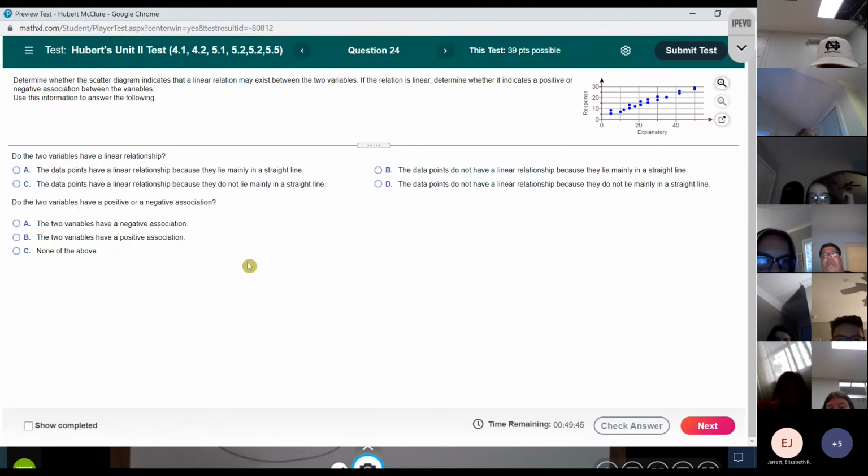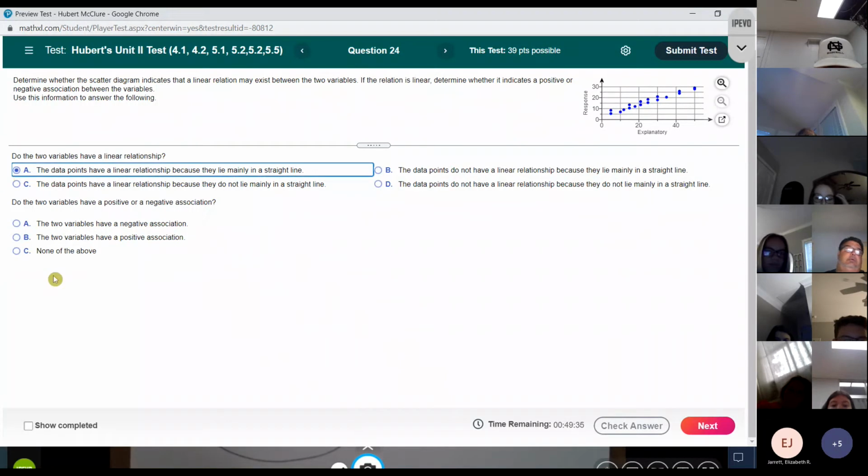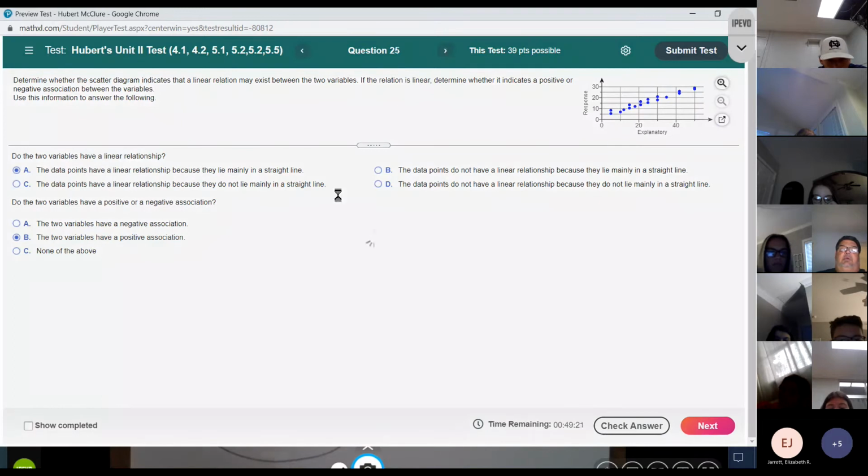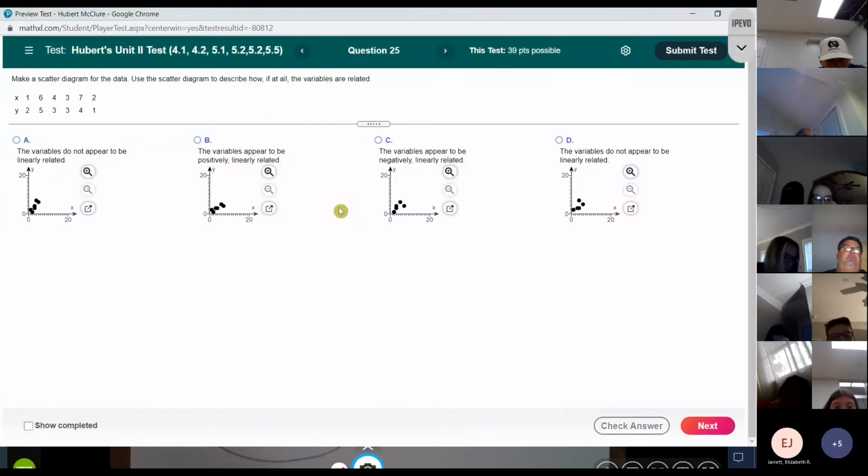Come on. A. And which one? Do the two variables have a positive or a negative association? B. B as positive. Okay, I'm going to let y'all type that one in.